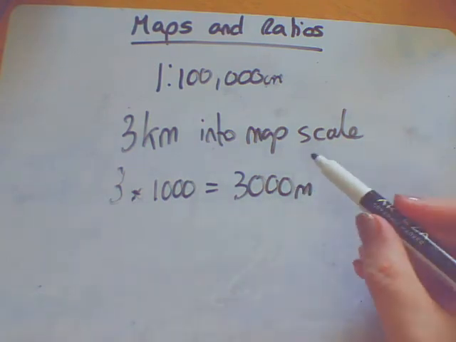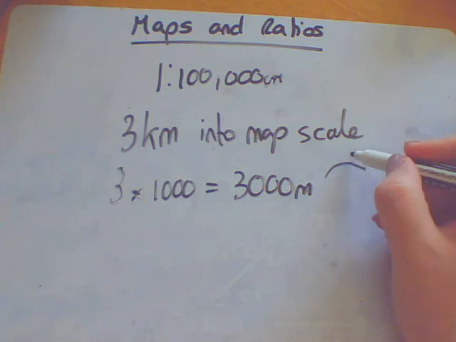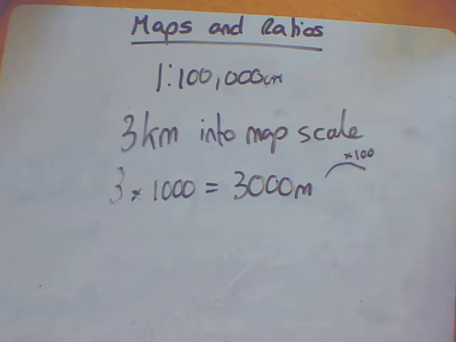Okay, I'm going to take my 3,000 metres and times that by 100 to give me 300,000 centimetres. So this is the value I'm going to work with.